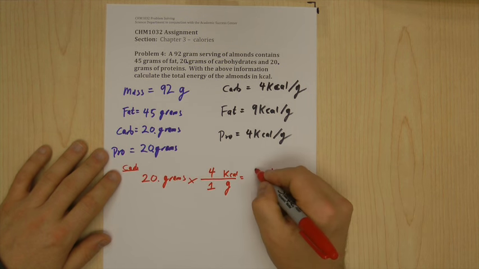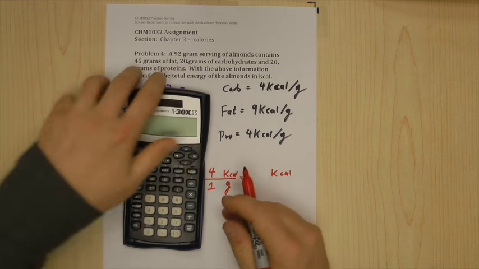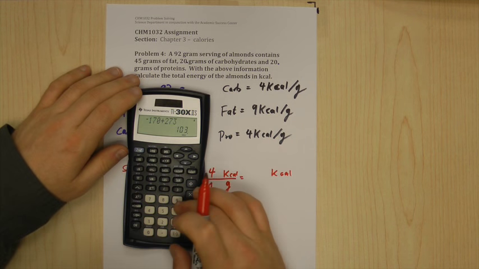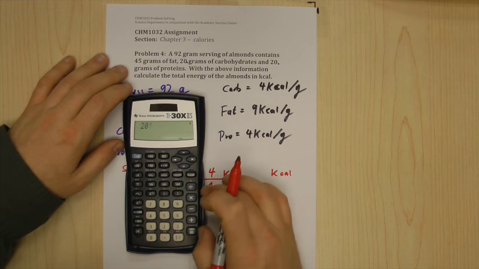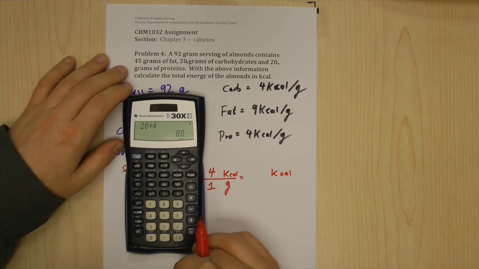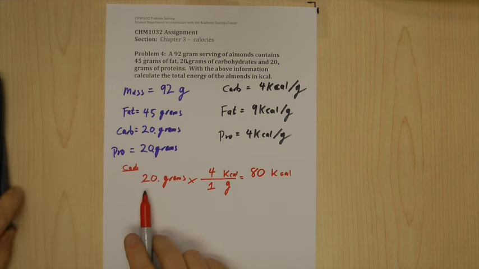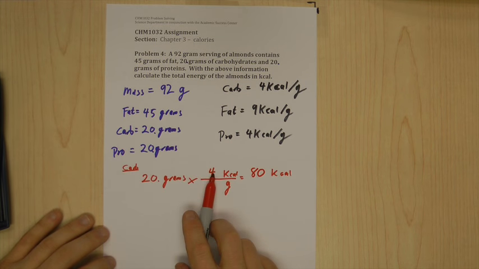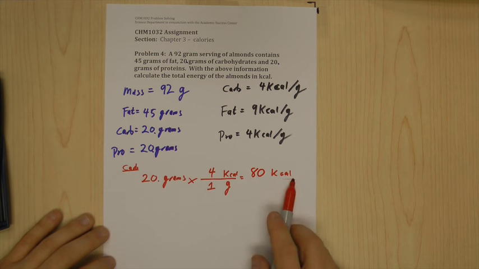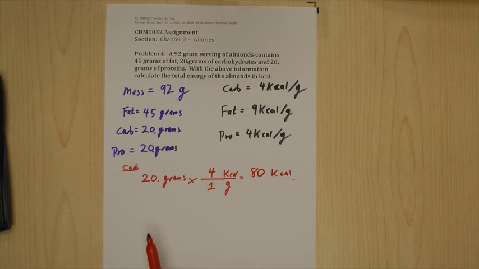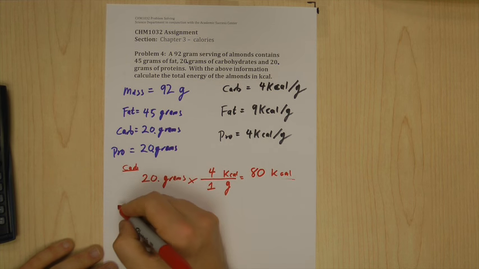And the answer will be 20 times 4. Let's get the calculator out. 20 multiplied by 4 equals 80. So here we have 2 significant figures and 1. So our final answer only has 1 significant figure. So that was our carbs.